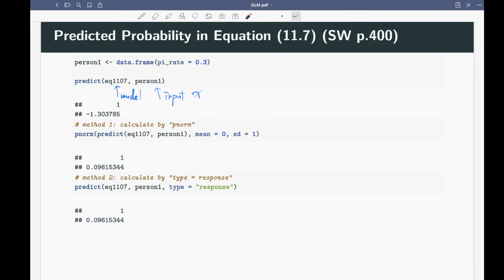Here we have two methods to calculate the prediction probability. At first, we calculate by the CDF of a normal distribution. It's a CDF method. We use pnorm. pnorm means the CDF of the standard normal distribution.